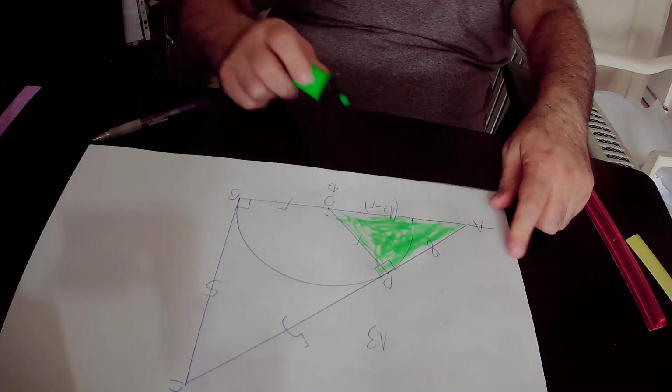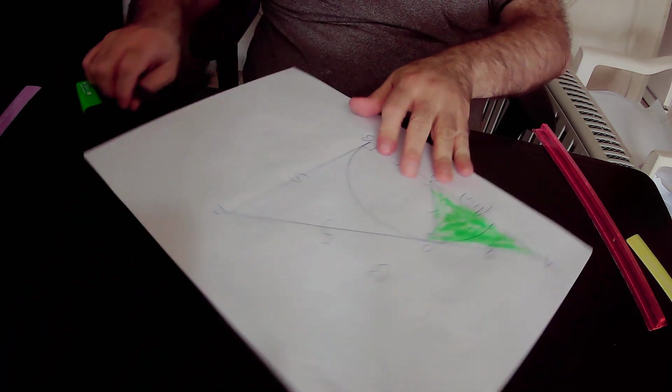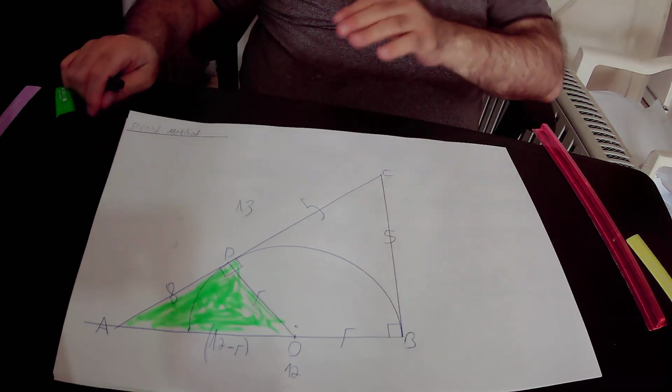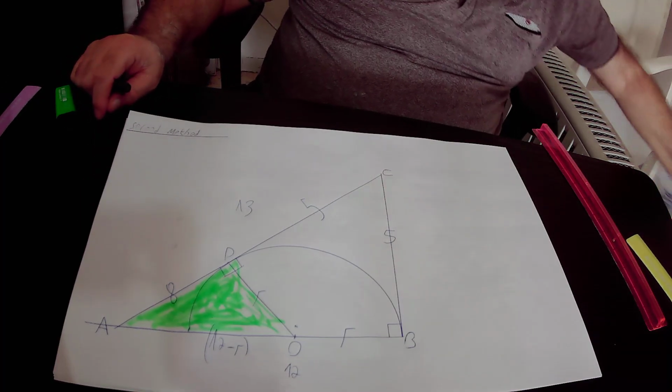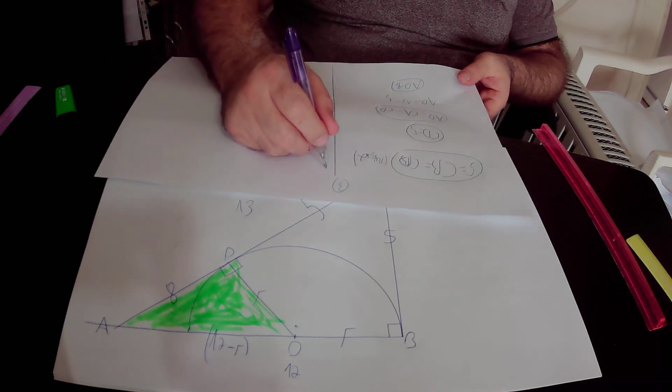So according to the Pythagoras theorem, in the right green triangle ADO, the square of the hypotenuse equals the sum of the squares of the perpendiculars.